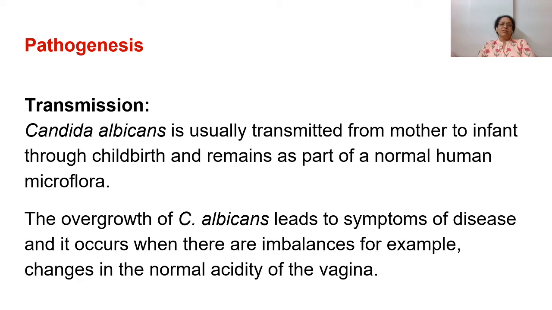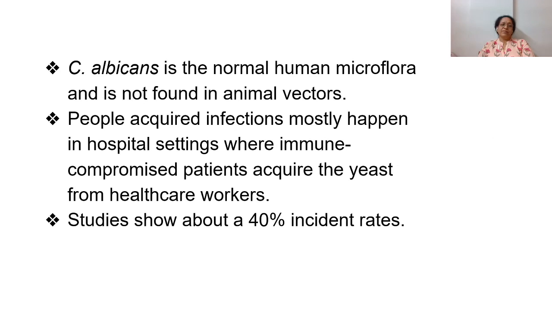So here transmission is unlike other prokaryotic microorganisms. As you know, there is no animal vector for this microorganism. People acquire infection mainly in hospital settings. That is a nosocomial type of infection it is.